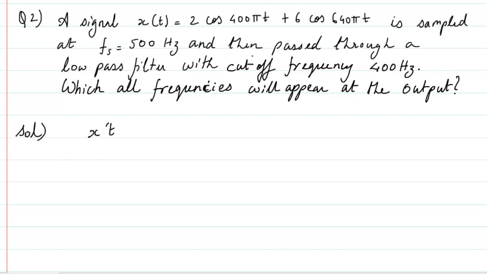So the first thing is I'm having x of t, which is 2 cos 400 pi t plus 6 cos 640 pi t. Am I correct? Okay.